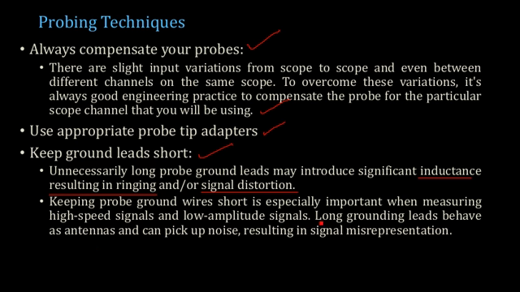Also, long ground leads may act as antennas, picking up noise, resulting in signal misinterpretation or a faulty signal displayed on the oscilloscope. So the ground leads need to be kept short to be grounded properly in order to avoid distortion and interference of noise into the circuit.